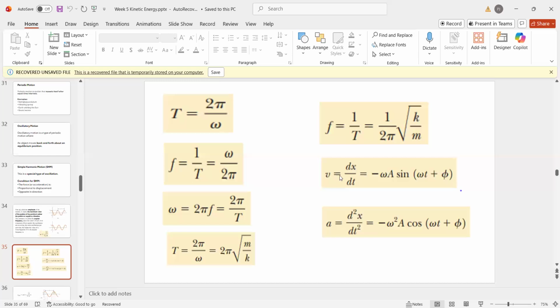Now, let's look at velocity. When you differentiate velocity, we get acceleration. This is an elementary rule that all of us know: when you differentiate velocity, you get acceleration, but when you integrate acceleration, you get velocity.